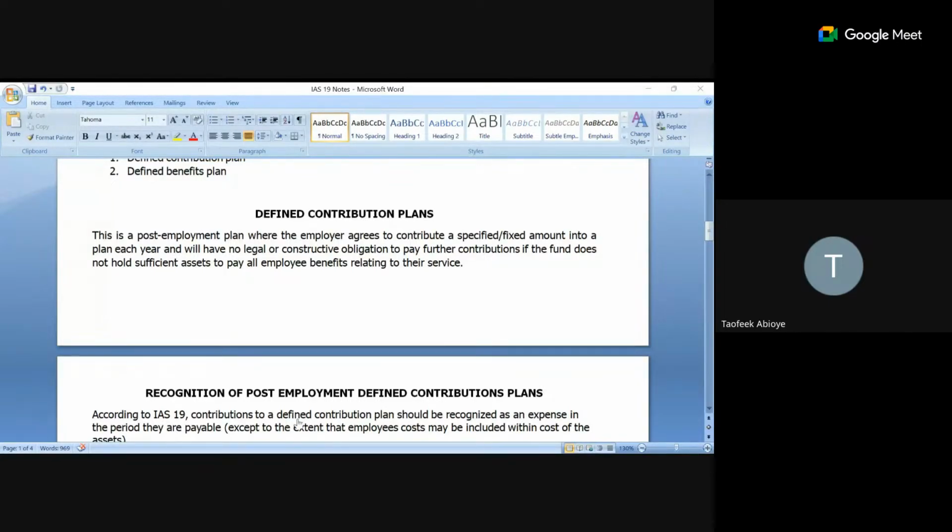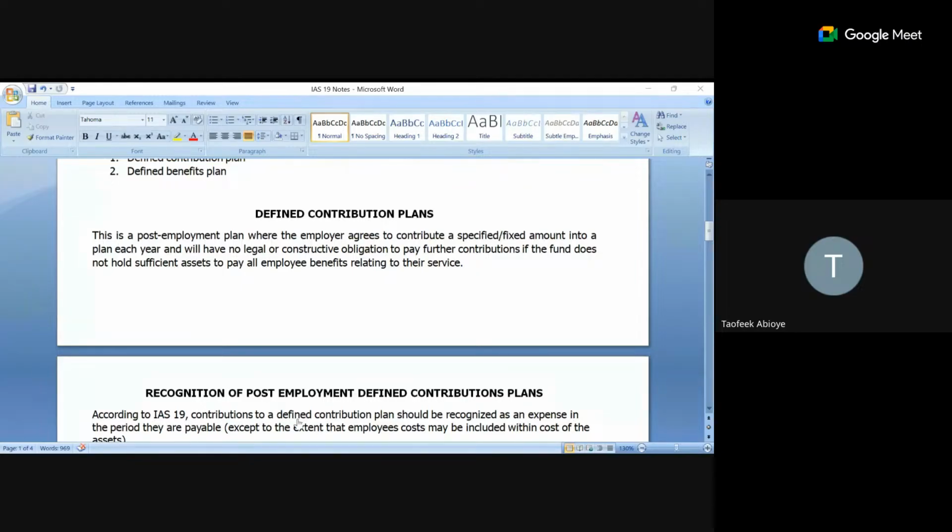So what a defined contribution plan is saying is that since it is 80 million that the entity contributes, the entity will not have a legal or constructive obligation to pay further contribution if the fund does not settle that benefit.